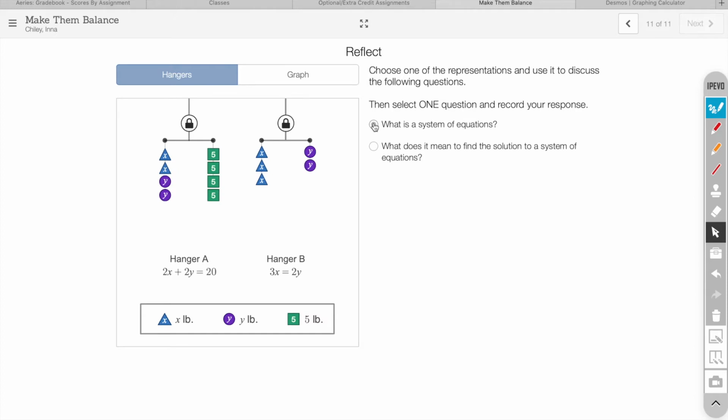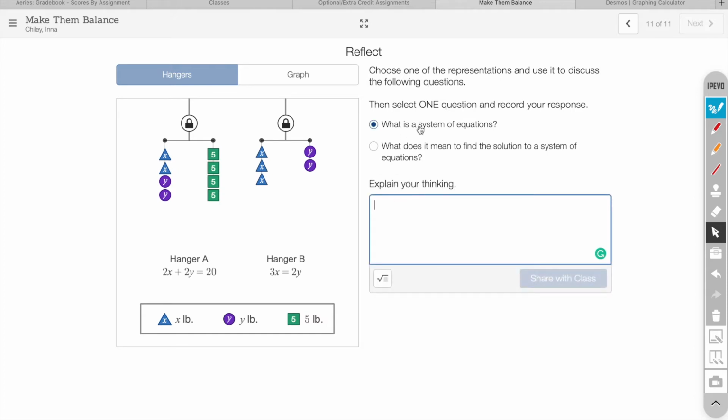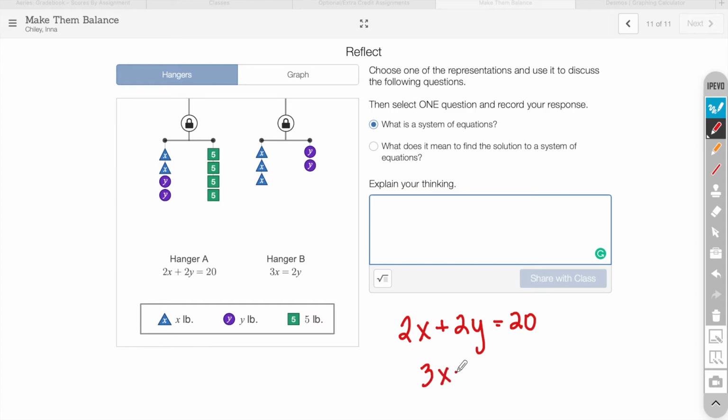I went over what a system of equations was a couple videos back. Essentially, a system of equations is a set of equations, so two or more equations, where the number of equations you have matches the number of unknowns that you have.